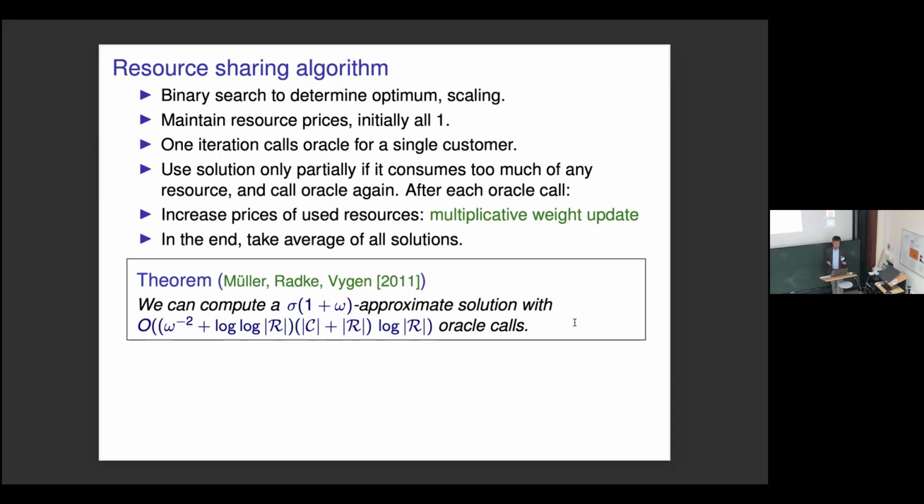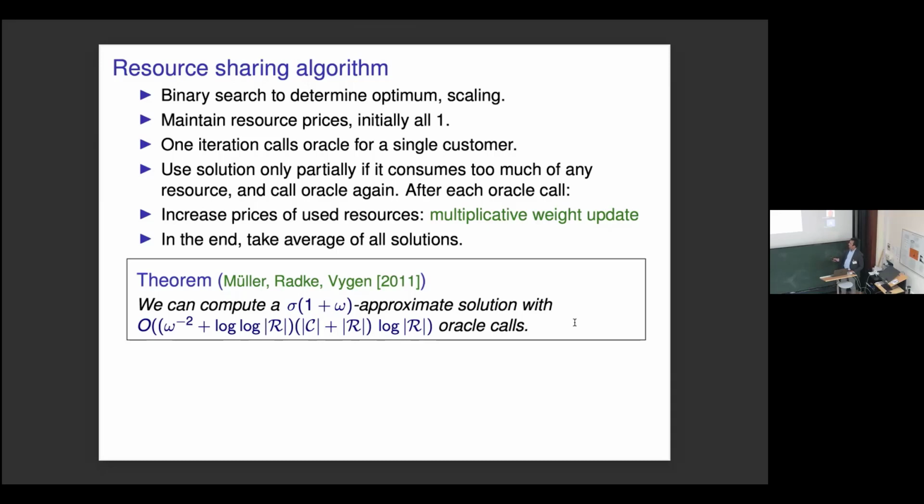And now you have this width reduction technique that is well known. If the oracle tells you to use more of a resource than is available, then you use that output of the oracle call only to some extent and call the oracle again after the price update. So that's the thing. And you can prove that you get a running time which is near linear.